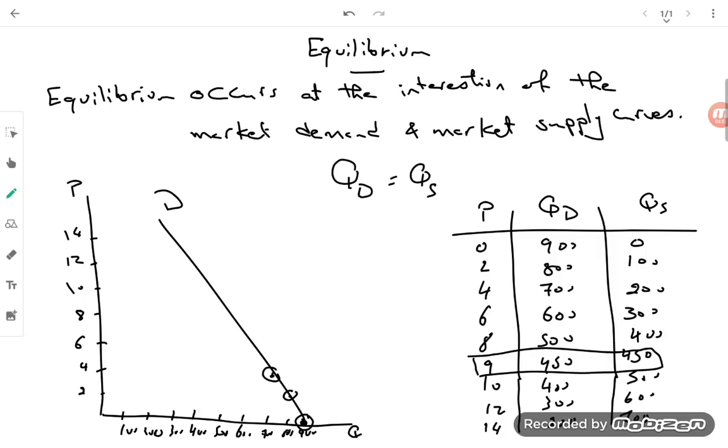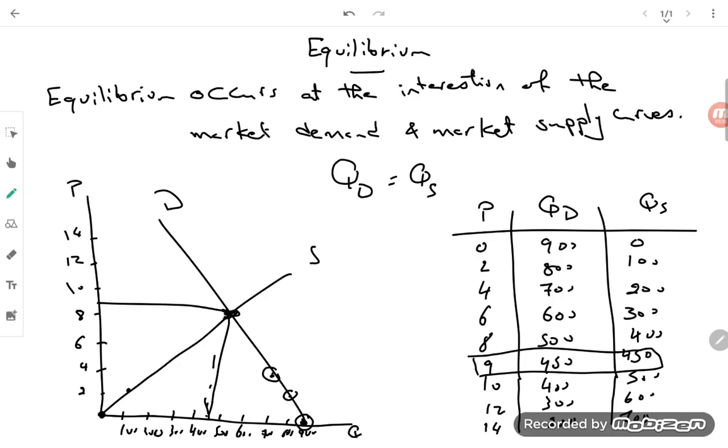Now we are going to draw the supply curve on the same figure. So at price 0 it is 0, so we are going to start from the origin. At price 2 it's 100, and so on. So this is the supply curve.